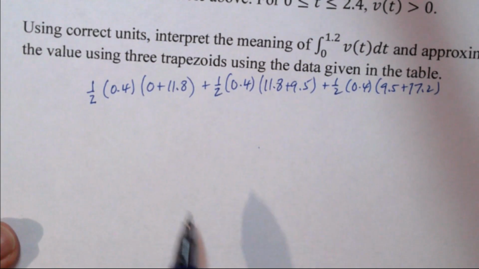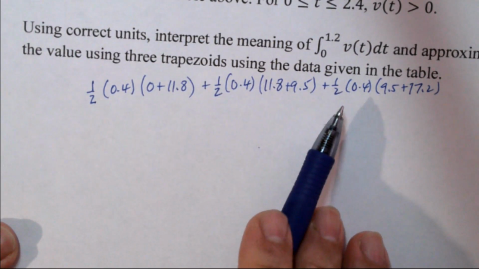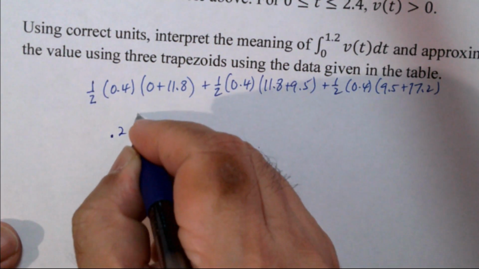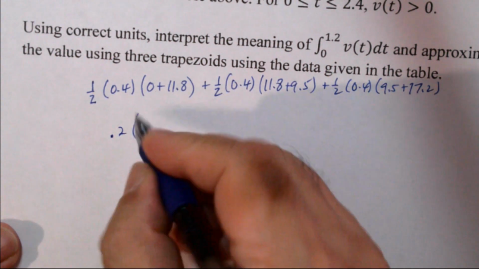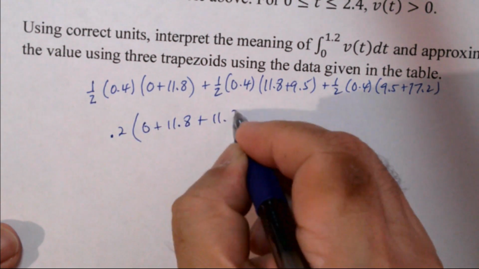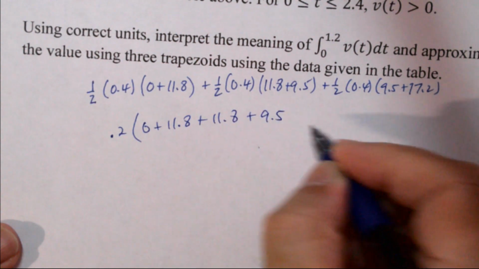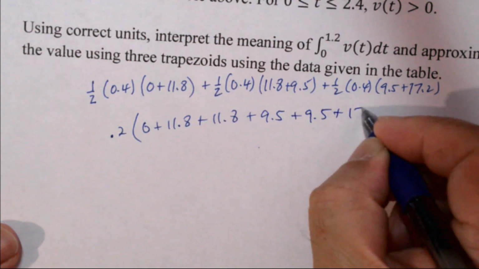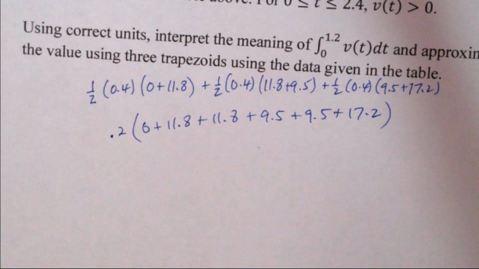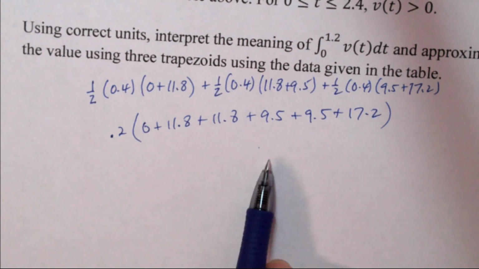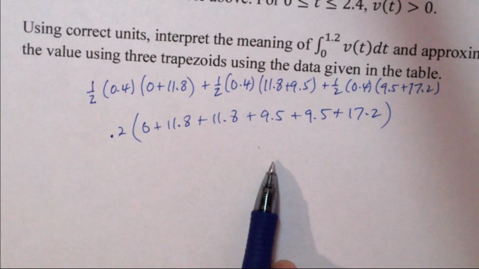So you do notice that there's a half of 0.4 for each of them, and half of 0.4 is 0.2. So I can just write 0.2 times 0 plus 11.8 plus 11.8 plus 9.5 plus 9.5 plus 17.2. And I'll let you work that out. If you left this on an AP test, I'm giving you full credit. An AP will give you full credit too. Like, you don't have to work that out.